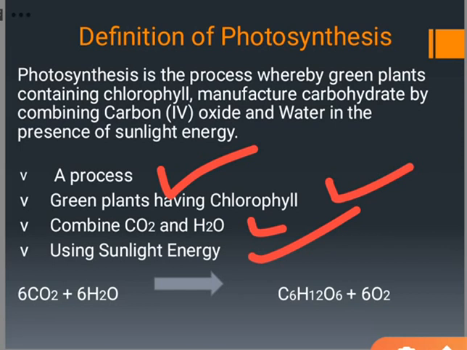carbon dioxide and water. So if you look at the chemical equation here, this is our carbon dioxide, and you can see water.